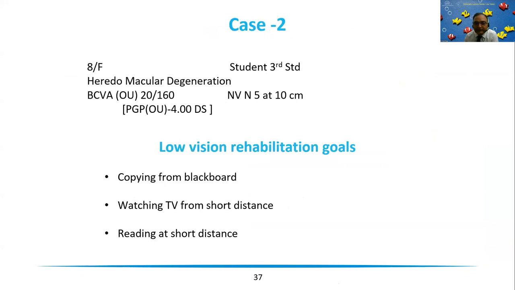This is a simple case of an 8-year-old girl studying in class 3, having heredomacular degeneration. Best corrected visual acuity is 20/160, near vision is N5, and her major complaint is copying from the blackboard. Parents are concerned about her maintaining a short working distance for watching TV and reading.